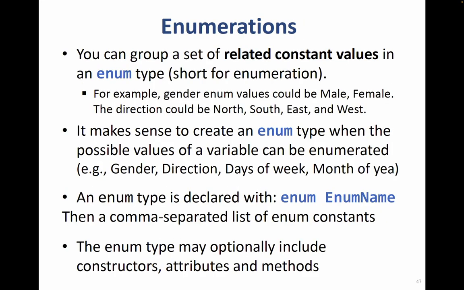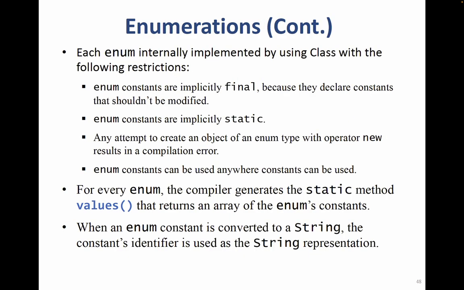When we have this, we can optionally define constructors, some methods and attributes for these enums. And the values that we define here will be final, so that we cannot change them. And they will be static, so that we don't create an instance of an enum. If you have an enum for weekdays, we don't create its instance.